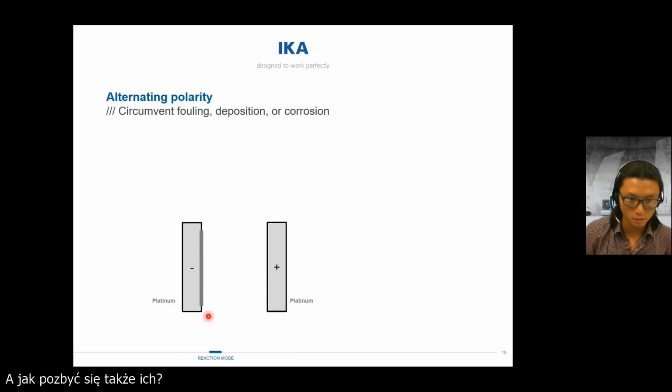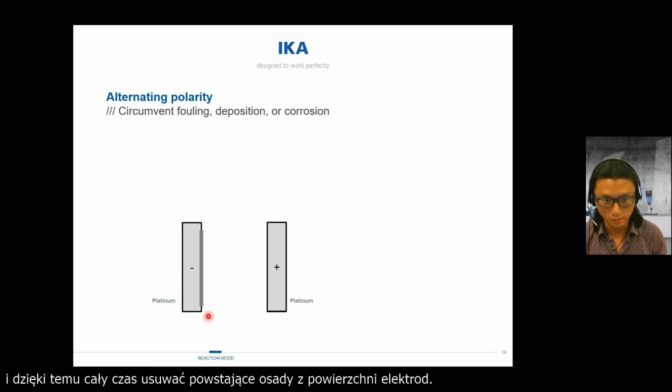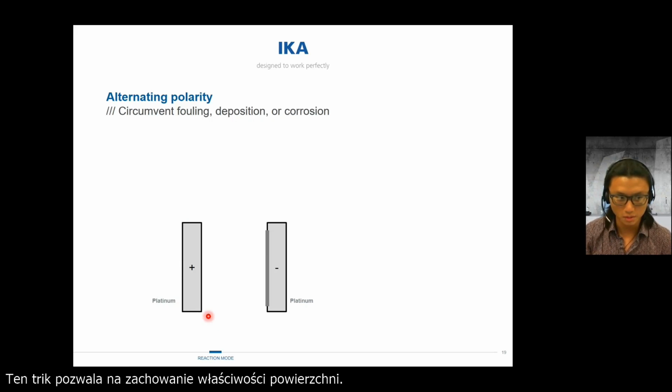And how do we get rid of this deposit? You have the idea. We just periodically switch the polarity and keep getting rid of the newly formed deposit from the electrode surface. And that is a trick to keep the electrode surface property.